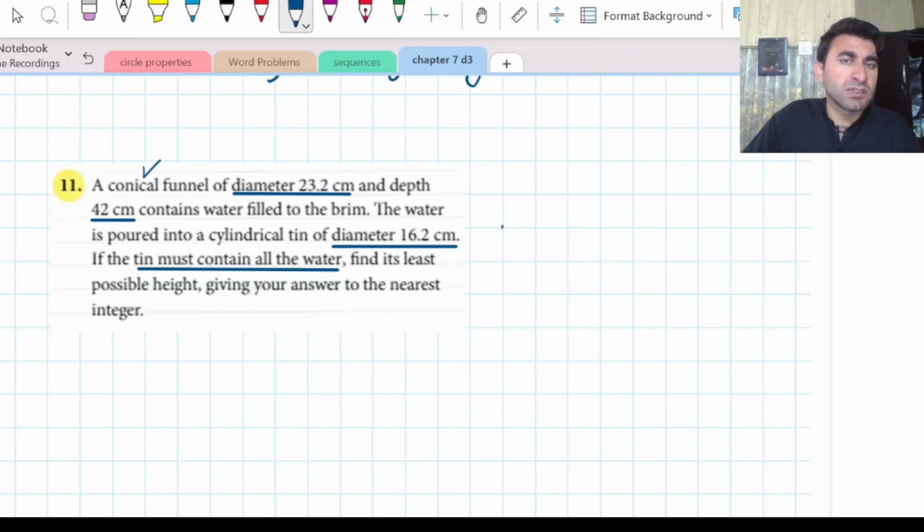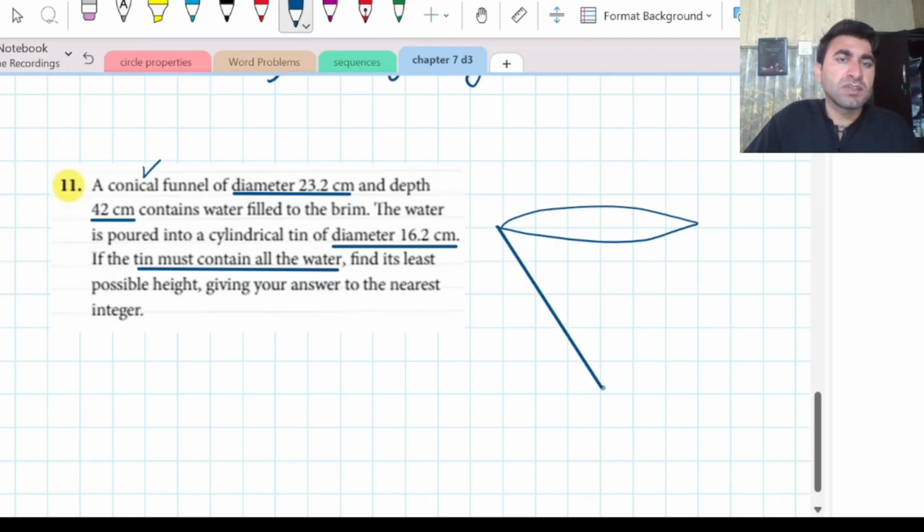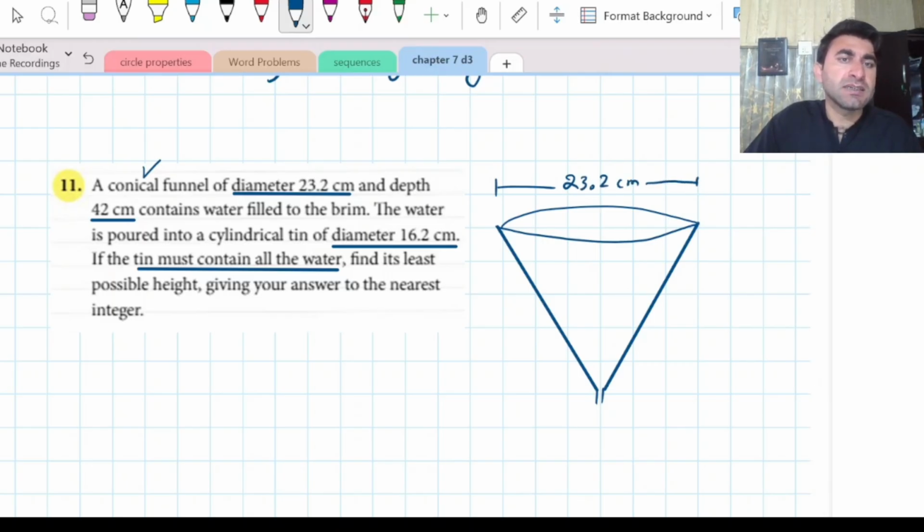So we are given a conical funnel with the diameter 23.2 centimeters. I am going to draw it over here. Suppose this is a conical funnel, and it contains water to the brim. Its diameter, as mentioned, is 23.2 centimeters, and its depth is 42 centimeters.